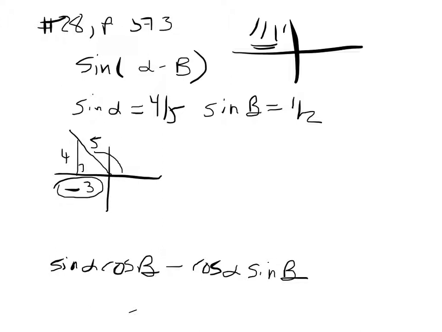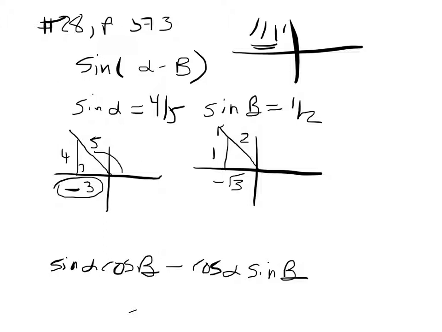And then go ahead over here for your beta. You're going to set up into that second quadrant over here somewhere, and you know your sine is 1/2. Well, create your triangle, 1 and 2, and then you're going to have a -√3 here.